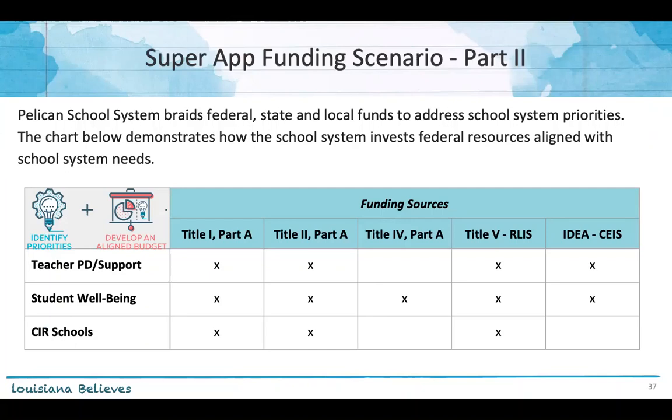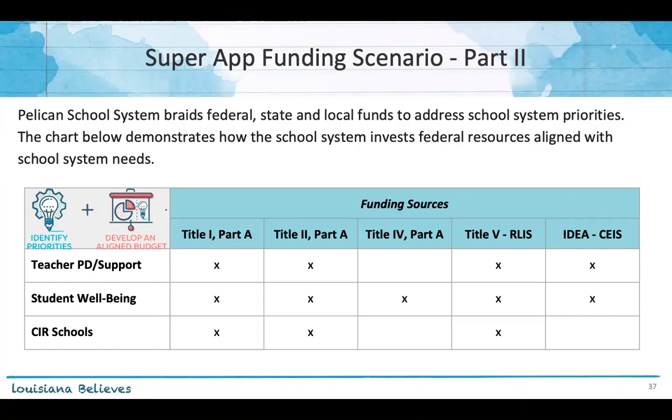The teacher PD and support priority is funded with titles 1, 2, 5, and CEIS. Activities under student well-being is funded with all funding sources listed on the slide. And the CIR school strategy is funded with titles 1, 2, and 5.